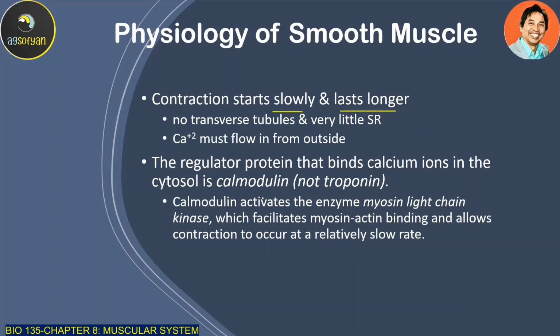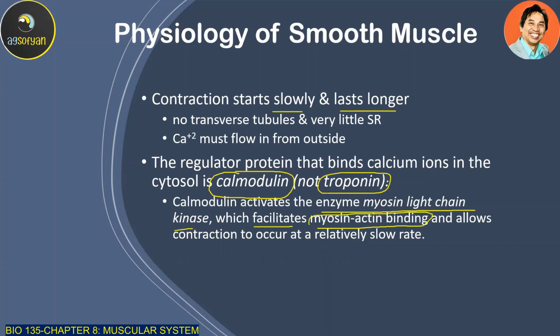The protein that binds the calcium is not called troponin, but it is called calmodulin. It works a little bit differently because this calmodulin actually activates the enzyme myosin light chain kinase that will facilitate the myosin actin binding site.